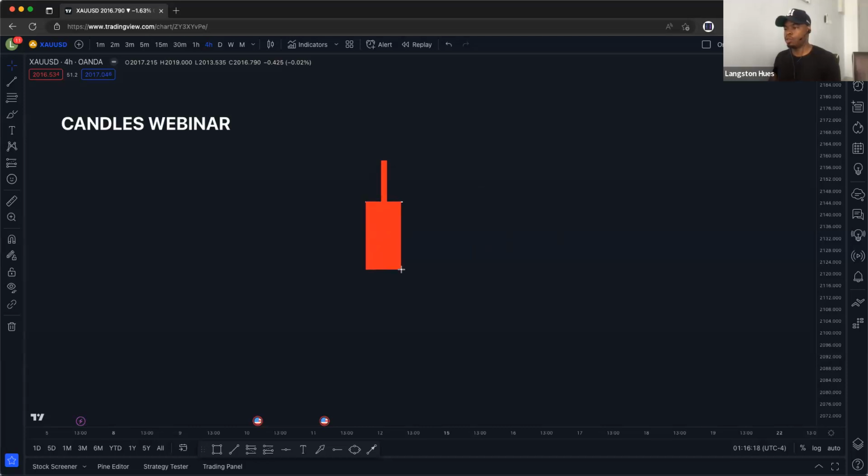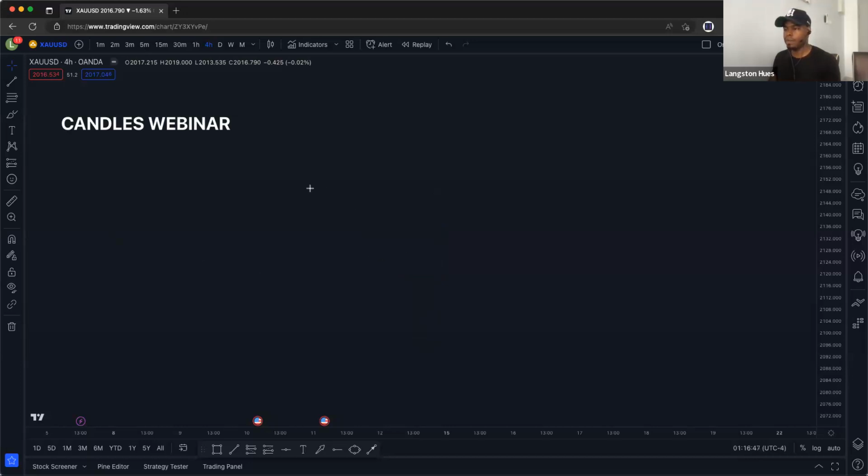And let's say if it closed like this, then that's a bearish candle. It closed, and then maybe the next candle formed, and it decided that it was going to go up. So it formed here, and then it maybe went up to here with no bottom wick because it didn't draw down first. It just went up, right?